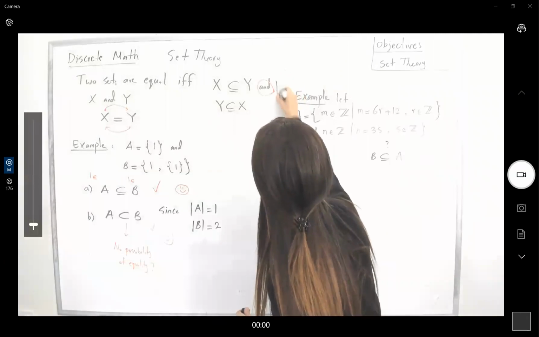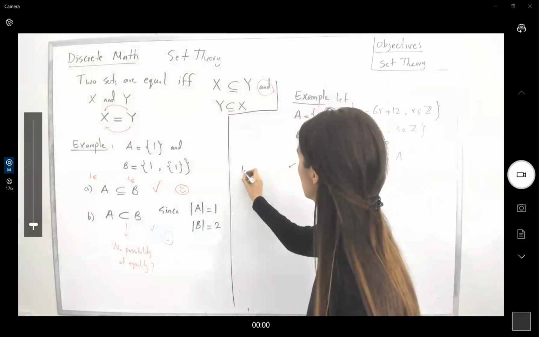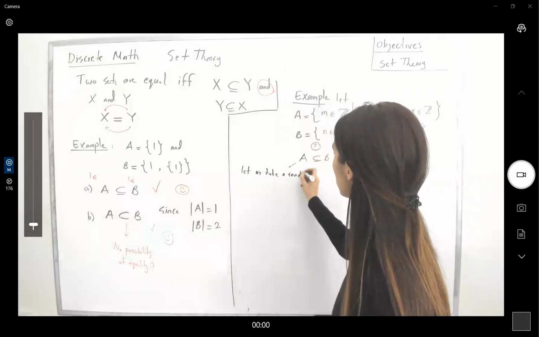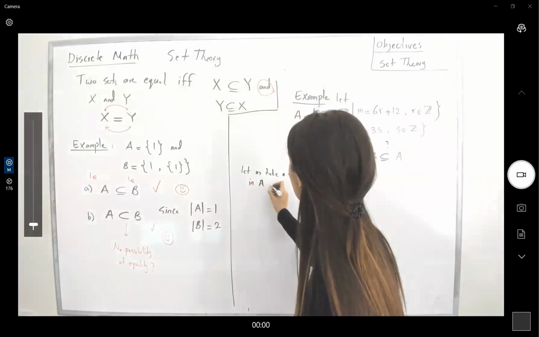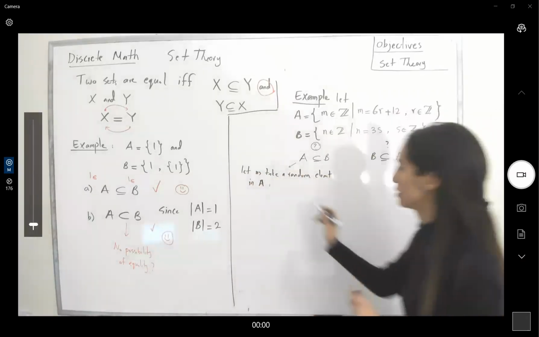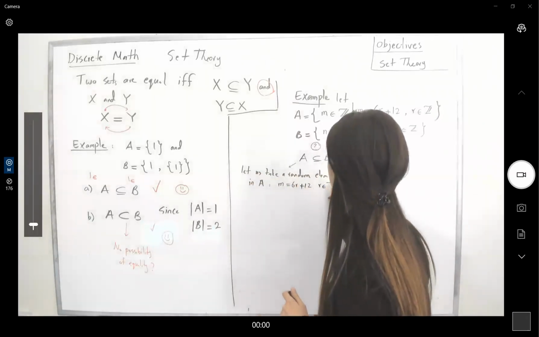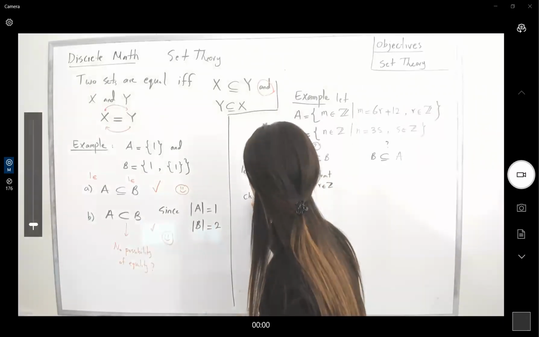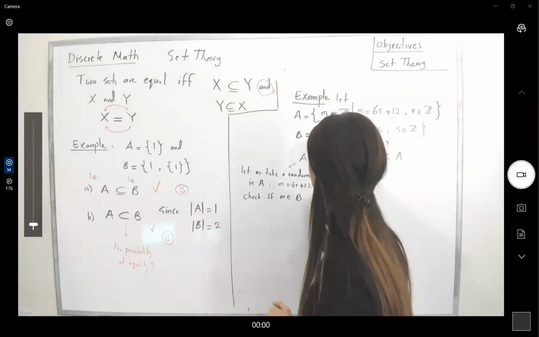So let's write this here with a little bit more space. Let us take a random element in A, for example, M, which is defined as 6R plus 12, and R is some integer. Check to see if M belongs to B or not.